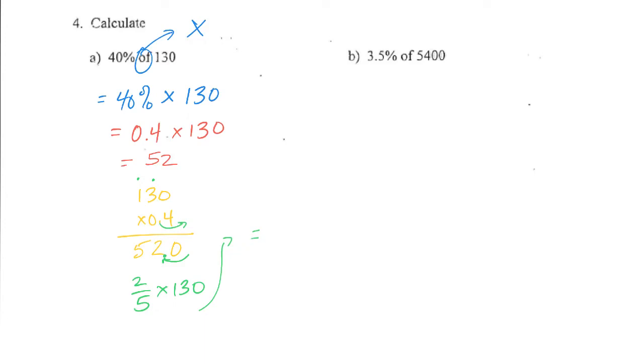What's 2 times 130? 260. A lot of us are pretty solid at doubling something. Now I have to divide that by 5. Okay, here we go, a little short division. How many 5s can you take out of 26? 5 of them. Write down your answer.